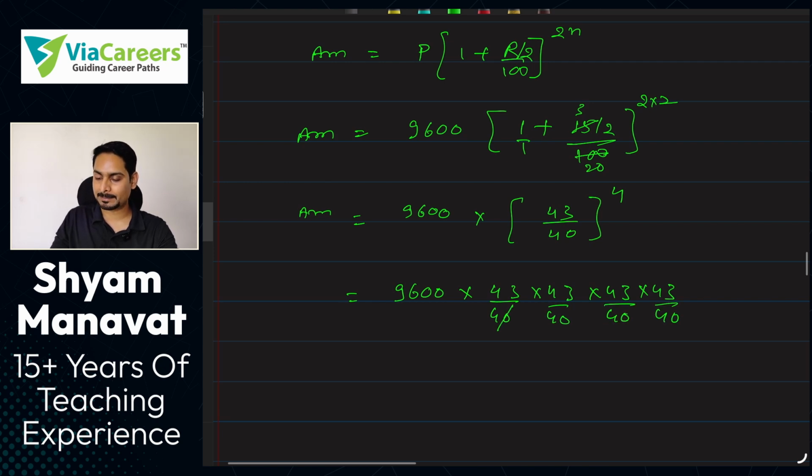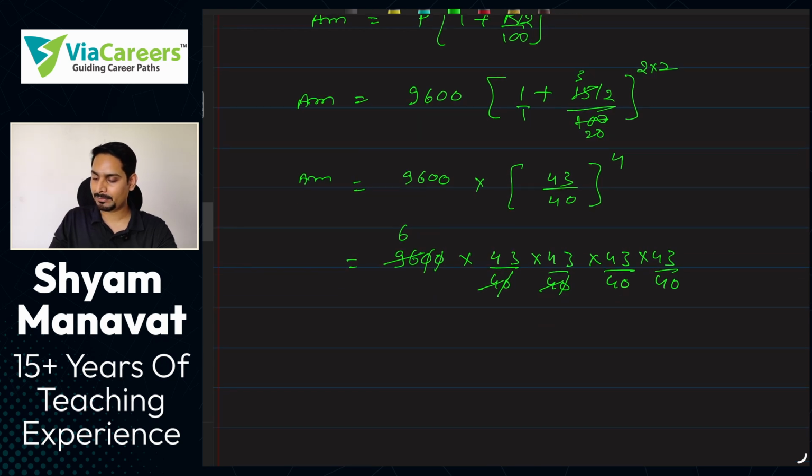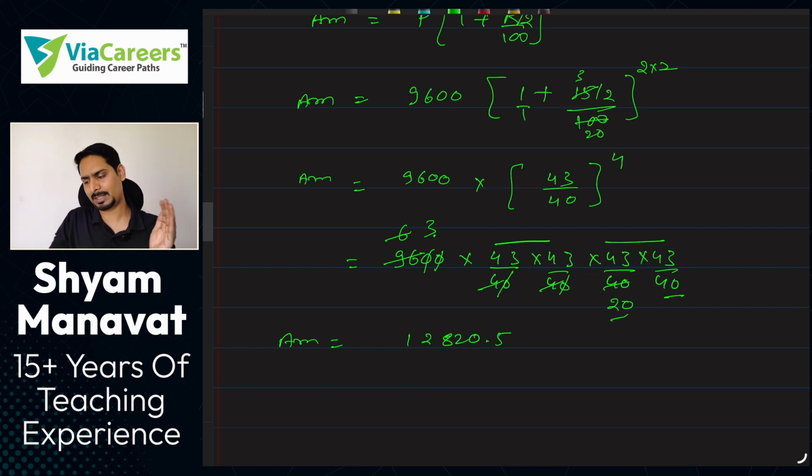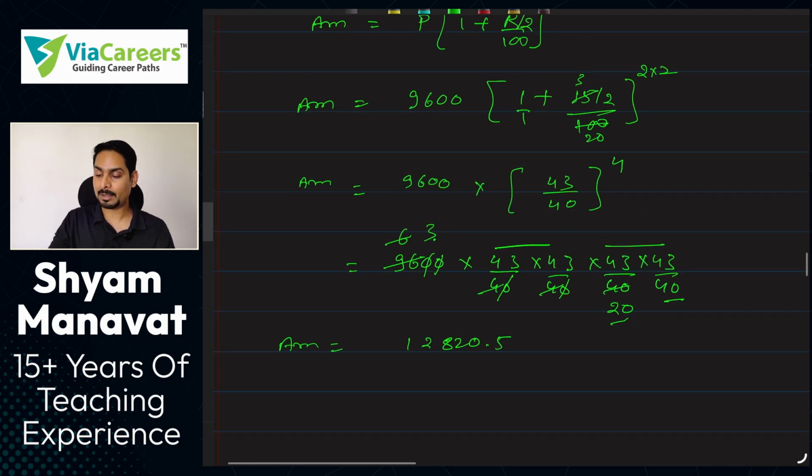Simplify as much as possible. The zeros cancel here. Now 4 4s are 16 and 16 6s are 96. You can further cancel by 20, which gives 3. So 43 into 43 into 43 into 3 divided by 20 into 40. This should be your amount. If you simplify this, you should get 12820.5. If you multiply 43 into 43 into 43 into 3 and divide by 800, you should get this value. Now we can stop here.